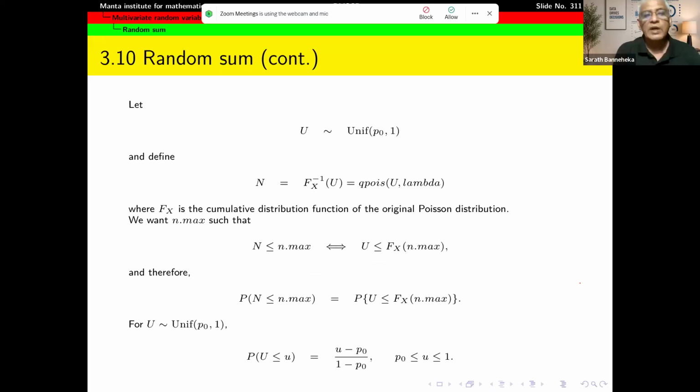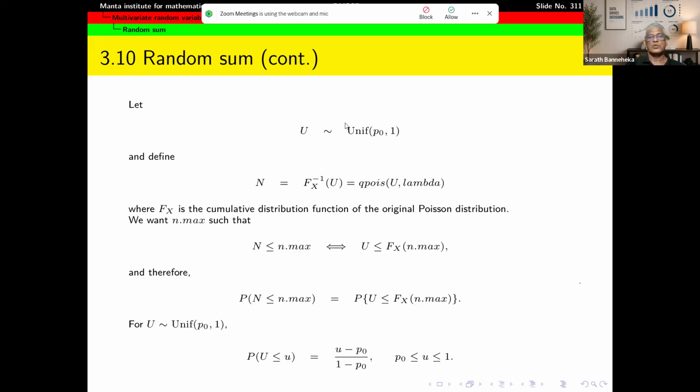So in order to find this n max, what I did was the same thing that we did earlier. Consider some uniform random numbers from p0 to 1, where p0 is the probability that n is equal to 0 in the usual Poisson distribution, and then calculate qpois of those uniform random numbers, using the usual Poisson distribution.